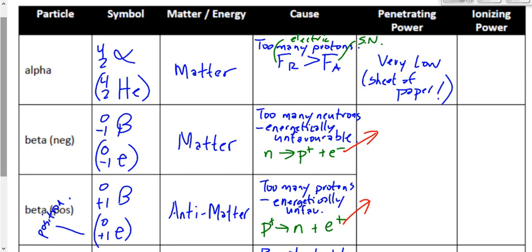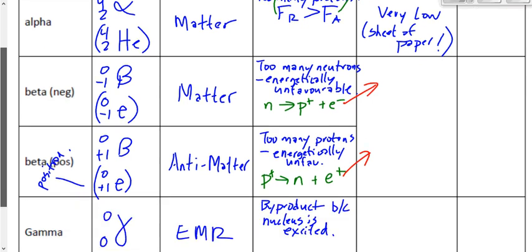Now, gamma rays that are pure energy have a penetrating power that is very, very high. It can penetrate right through the human body. It can even penetrate through several centimeters of lead or concrete.